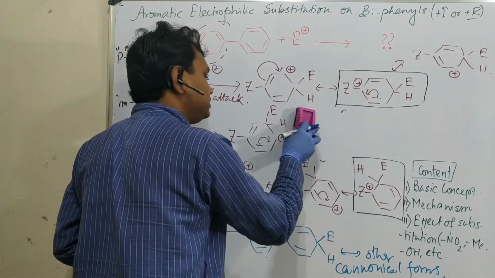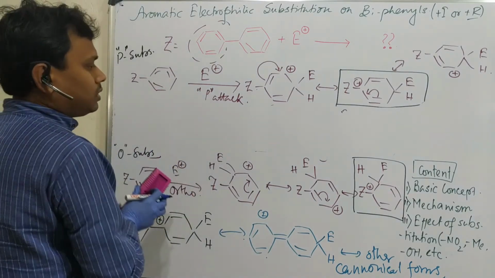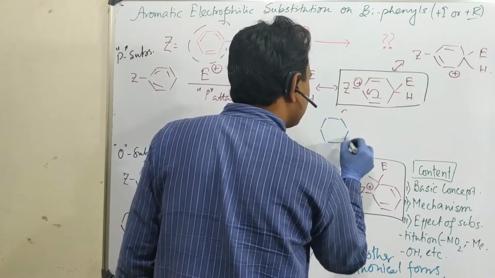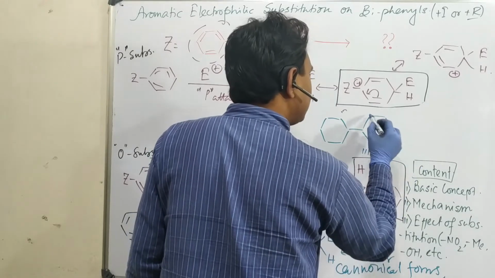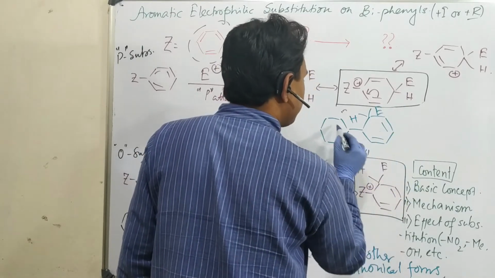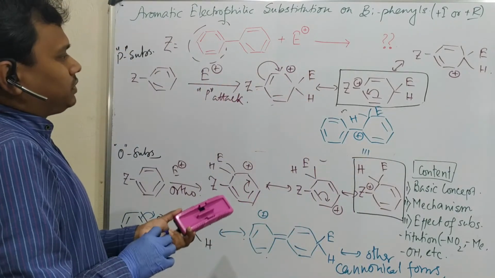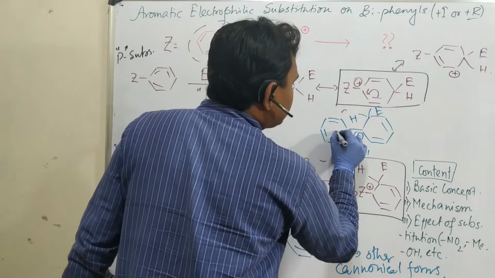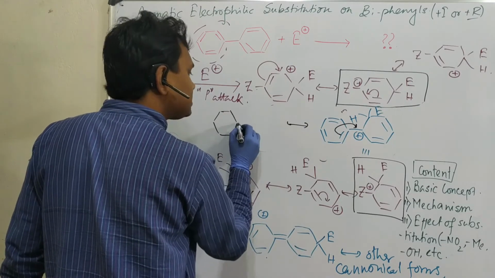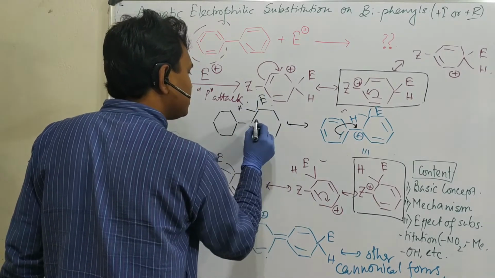So let me clean the meta substitution. Now how? See, let's draw this thing properly. This is the phenyl. Now this is hydrogen, this is electrophile E plus, and the plus charge is now here. So this versus this. Now you can think that it can be delocalized with the canonical form. This is E and H, so a double bond.